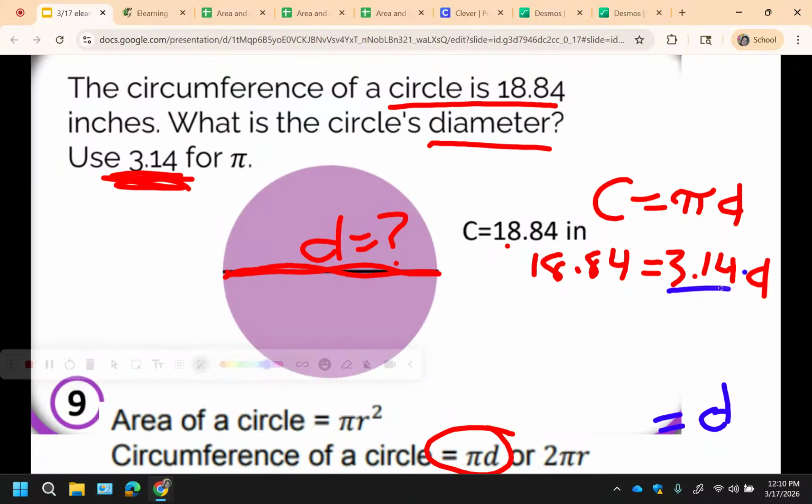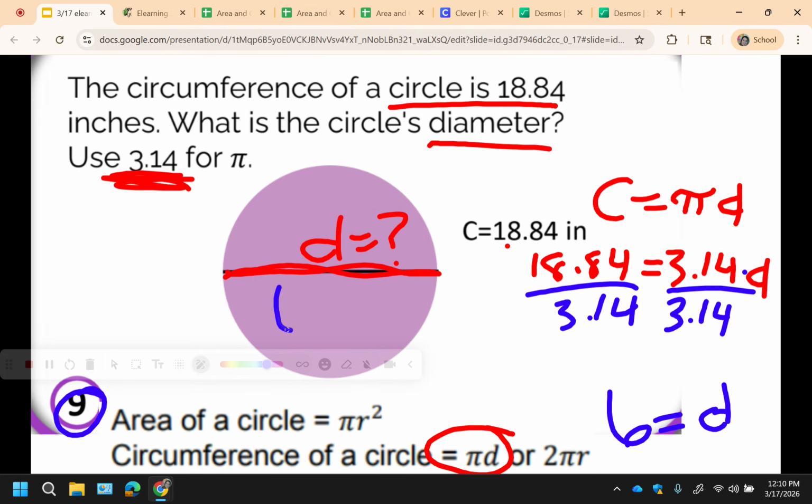Okay, so the opposite of multiplication is division. And when you plug that into the calculator, you get 6. So then you would go to question 9 and you'll put in 6 inches. It doesn't need to be squared because it's a measurement of a length, and length does not get a square on it.